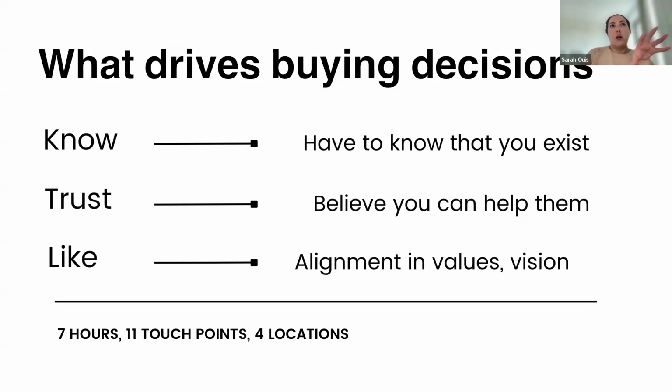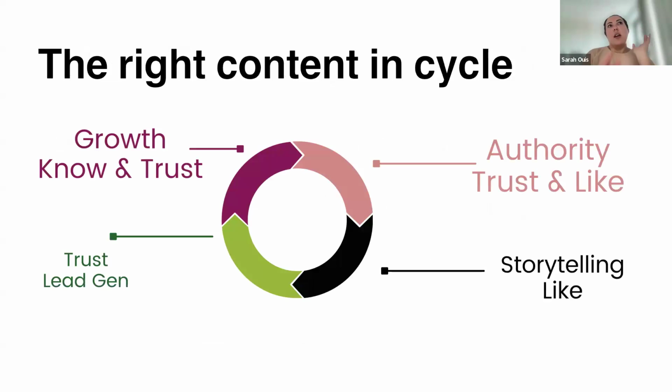So once we know that, we understand that for content to land, it has to drive in cycles. In order for you to create that known factor and trust, you have to produce what we are going to look at next, which is the growth content. You have to produce what we call authority content for the trust and the likability factor.